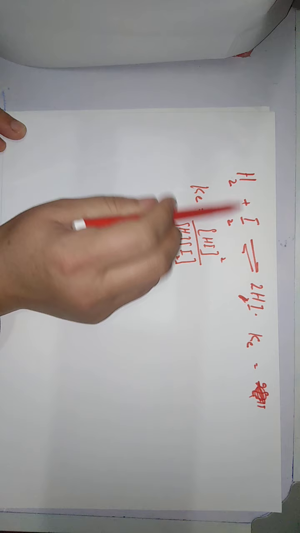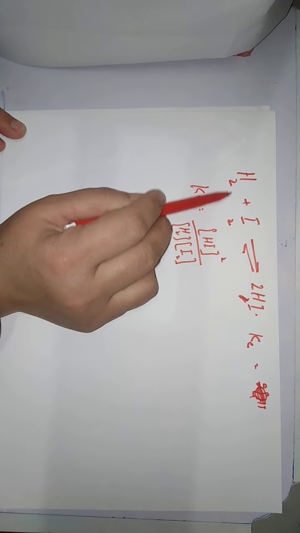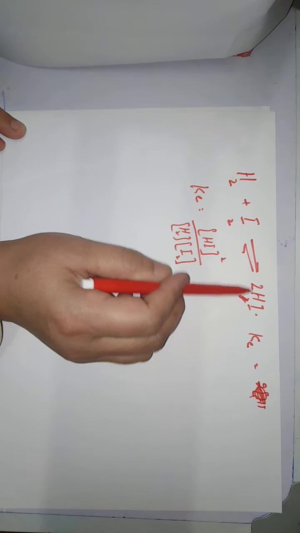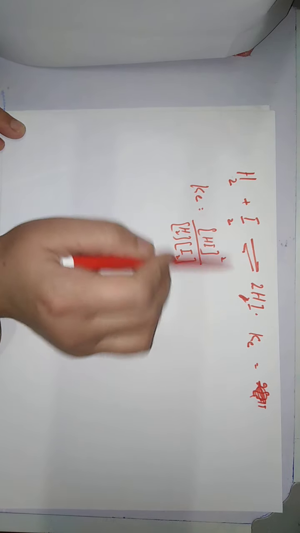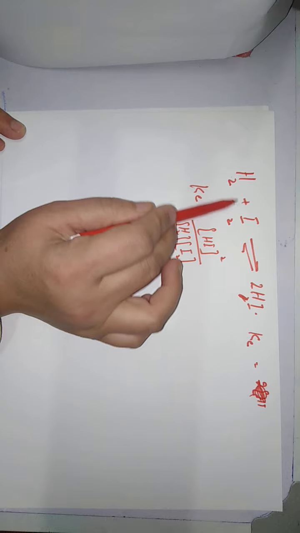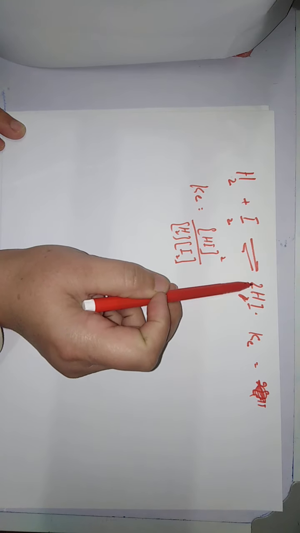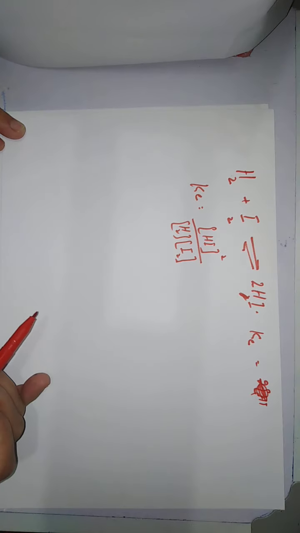These two have no power because there are 2 atoms of hydrogen, 2 atoms of hydrogen, 2 atoms of iodine, 2 atoms of iodine. So this equation is balanced and the reactant side has no coefficient, whereas the product has a coefficient of 2.